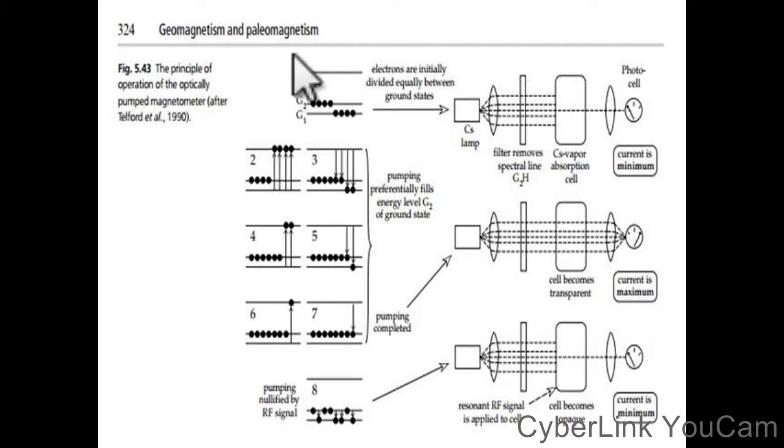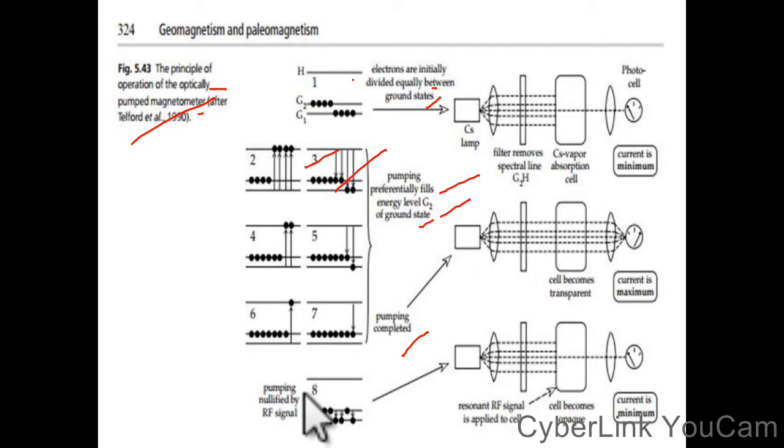geomagnetism and paleomagnetism, the principle of operation of an optically pumped magnetometer. Here in the pumping, electrons are initially divided between the ground states. Electrons pumped preferentially fill energy level G2 of the ground state.